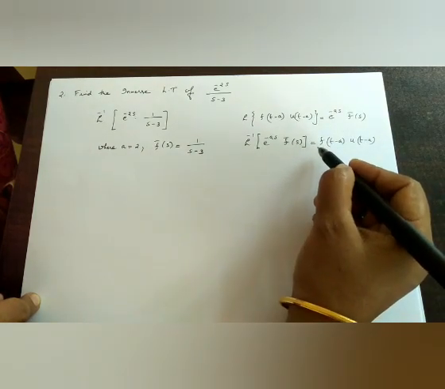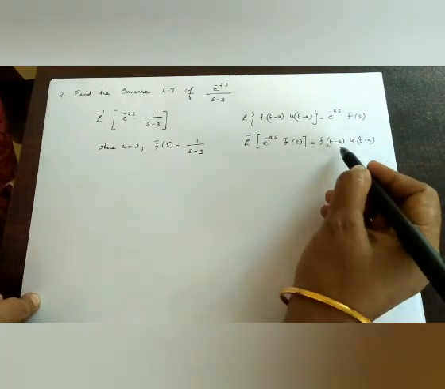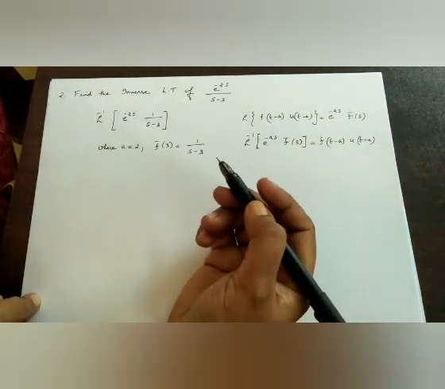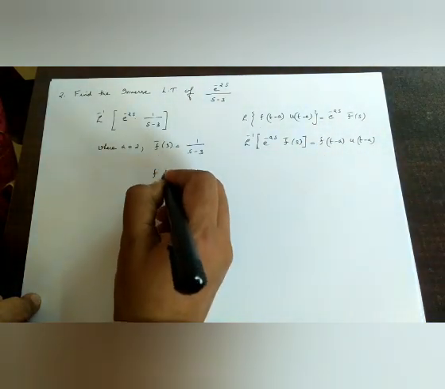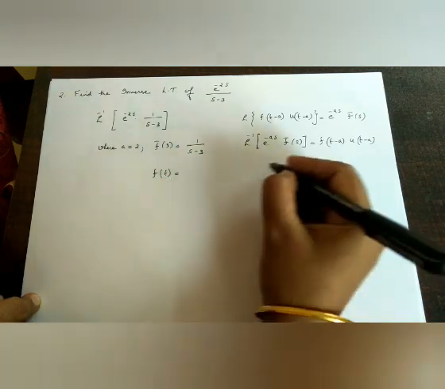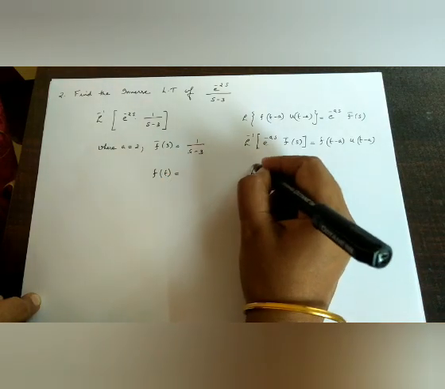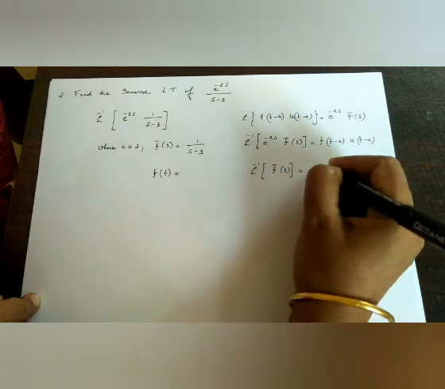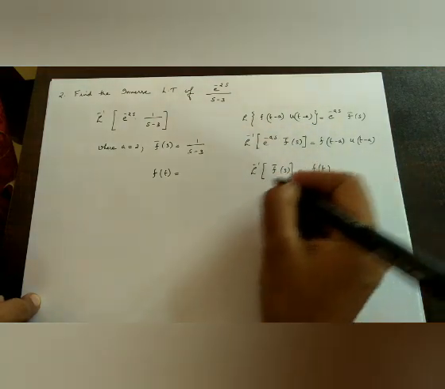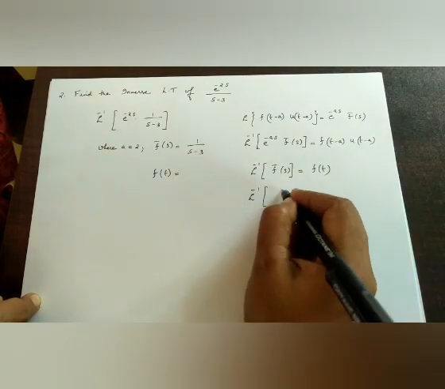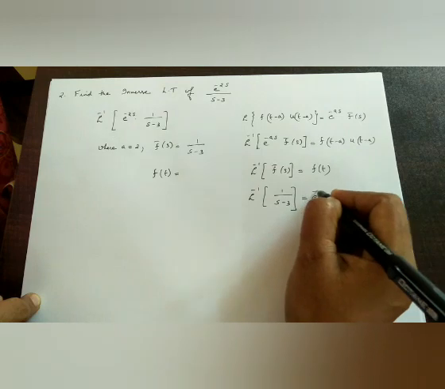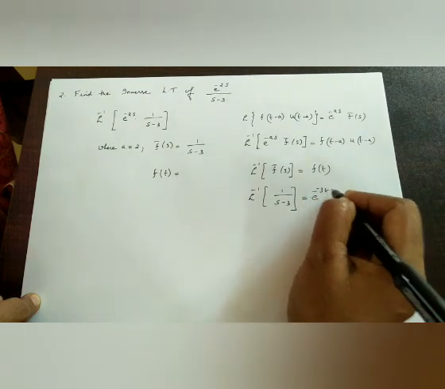This is equal to, we can directly write it as f of t minus a u of t minus a. Then f bar s is given, so we want to find out f of t. L inverse of f bar s is f of t. That is L inverse of 1 by s minus 3 is equal to e raised to 3t.